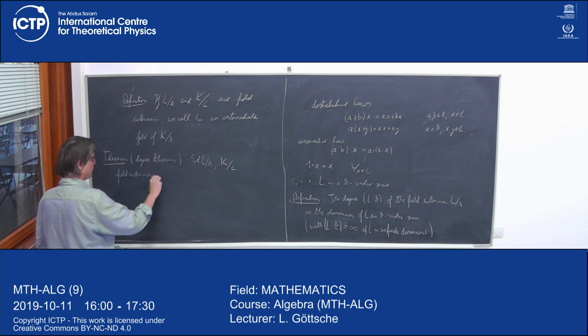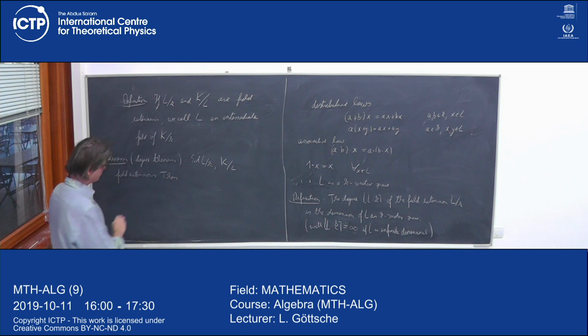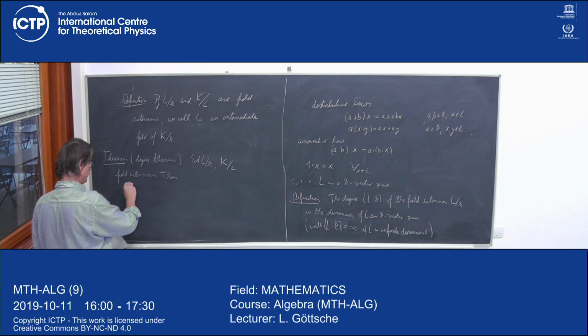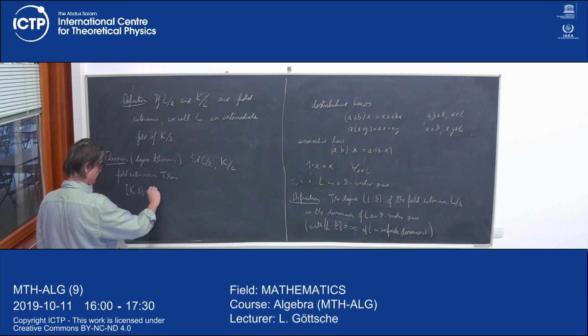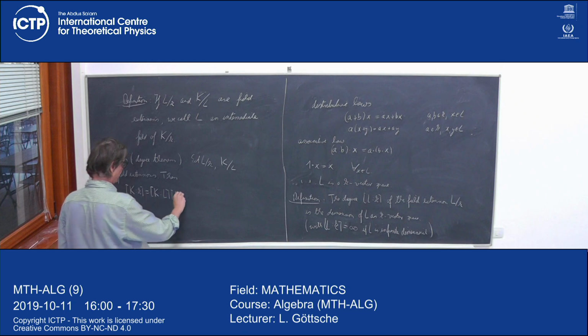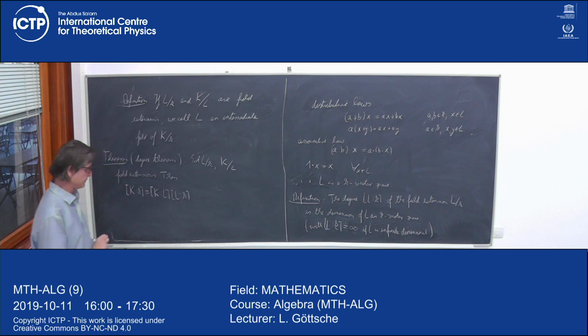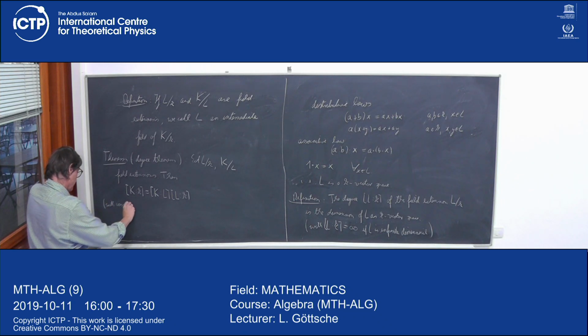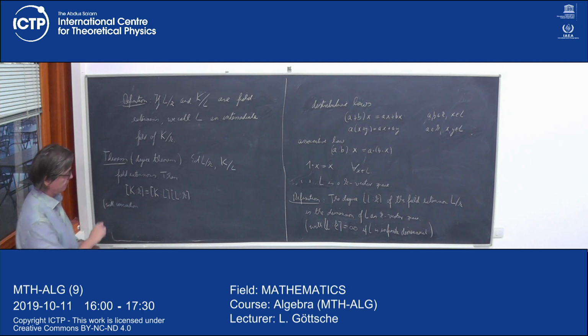Then we have that the degree is multiplicative, so the degree of large K over small k is equal to the degree of large K over L multiplied by the degree of L over k. With the convention that if any of these are infinite, then the other ones are infinite too.